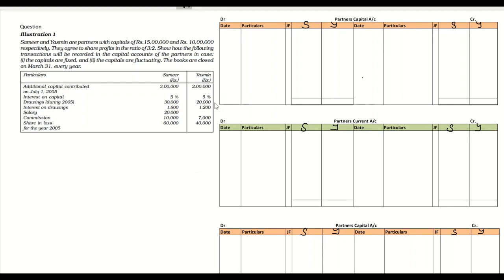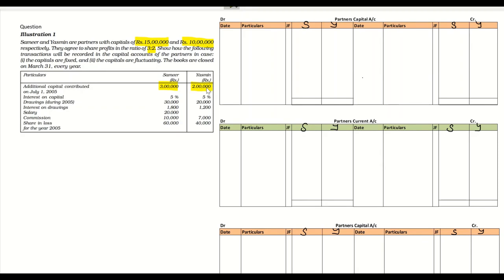Again, we need to note a few things. One is that we have an opening capital of 15 lakhs and 10 lakhs. And the profit sharing ratio is 3:2 here. Now, on the additional capital contributed, we have 3 lakhs and 2 lakhs respectively.